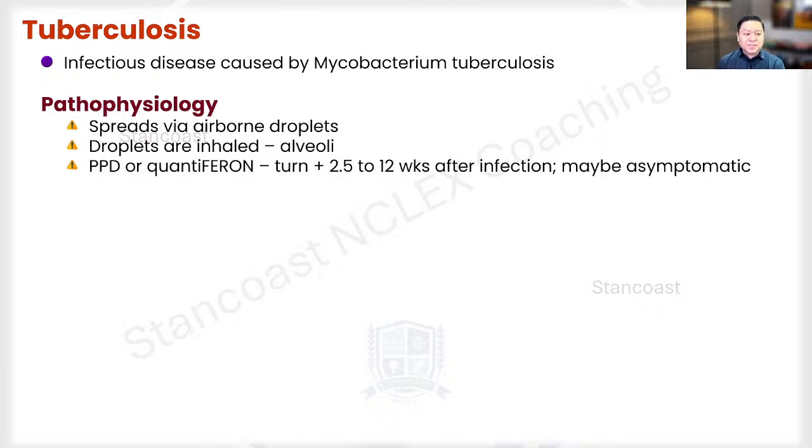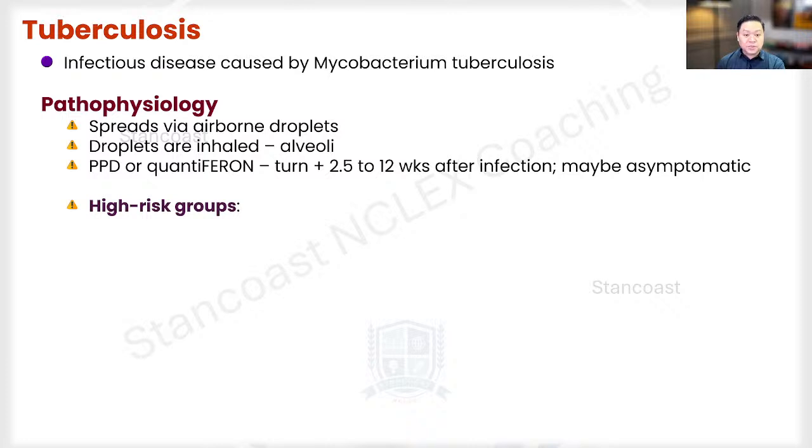Some of the bacteria may also remain dormant for several years, as in latent tuberculosis, what we call LTBI, where the individual will have an asymptomatic period. And they are not contagious at that point when they have the latent type of tuberculosis infection.